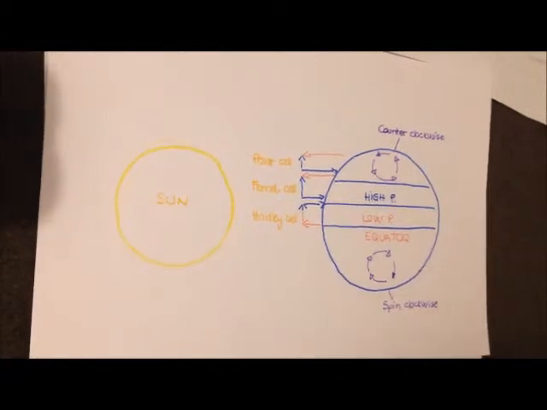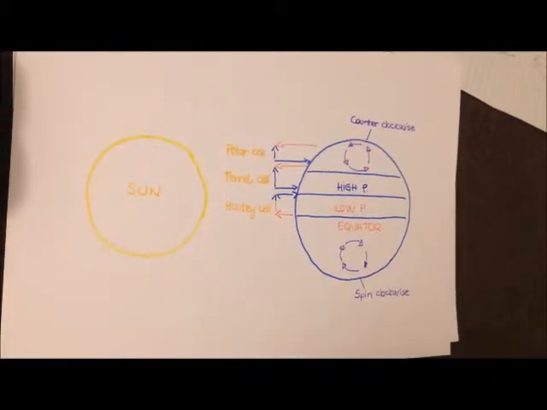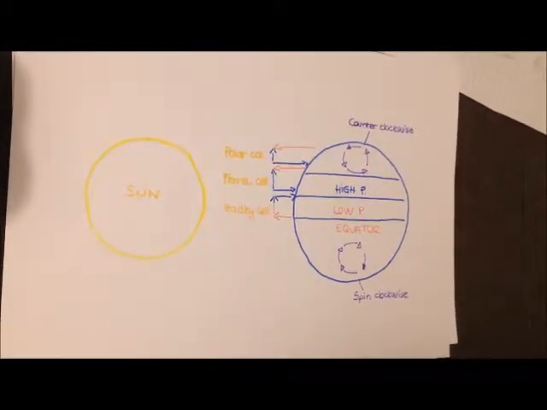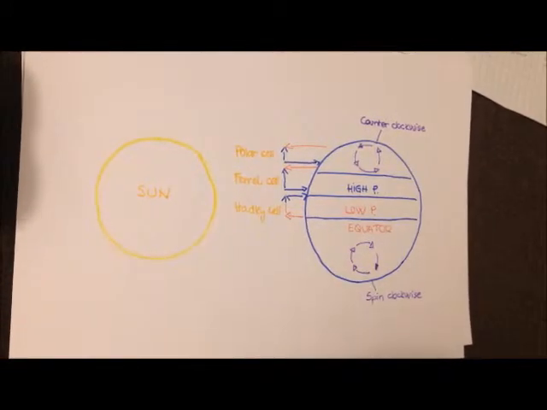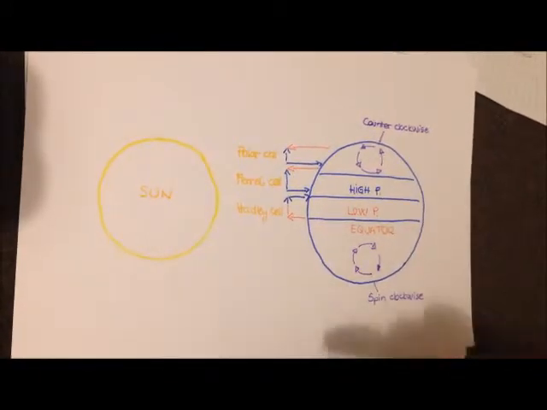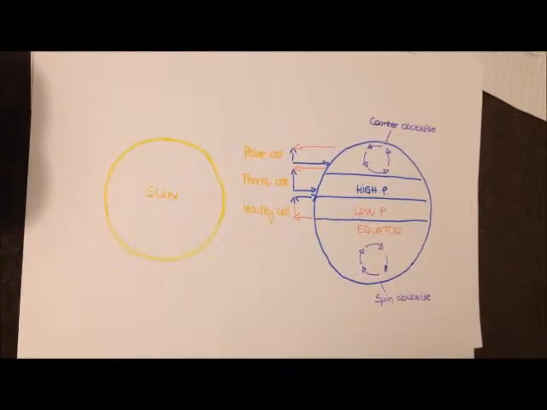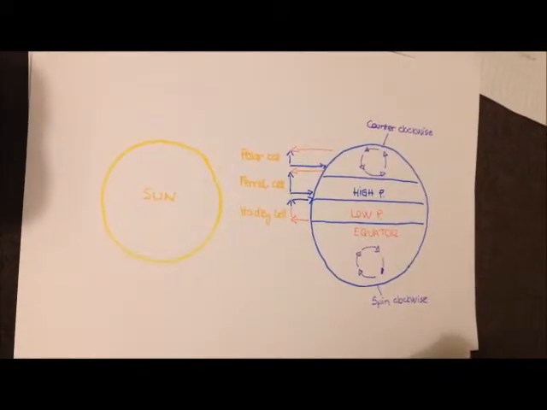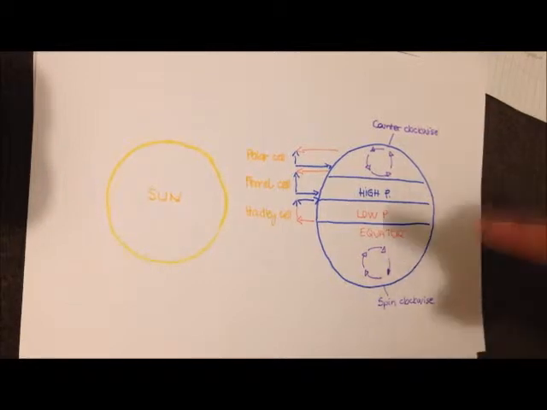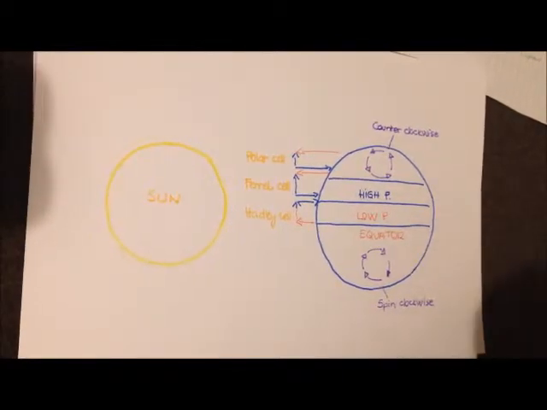That process is called the Hadley cell. The Hadley cell is followed by the Ferrel cell and the polar cell. High pressure and low pressure create the wind, and the wind direction is affected by the Coriolis effect. The Coriolis effect has counterclockwise and clockwise rotation.